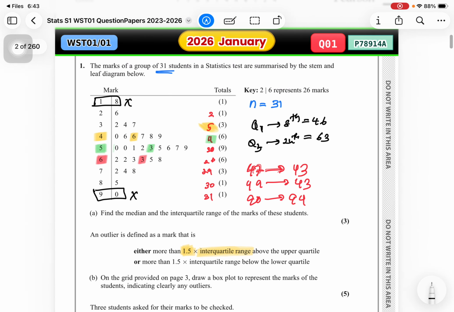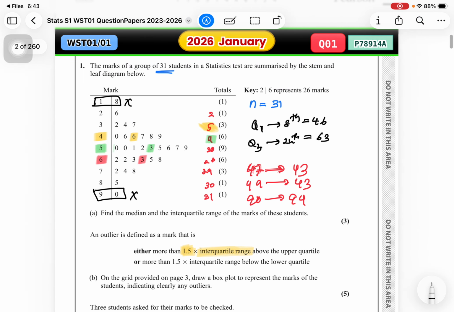So here the number of entries didn't change, it was just twisted numbers. So still the Q1 will be the 8th term, and the median will be the 16th term. Q3 would be the 24th term.